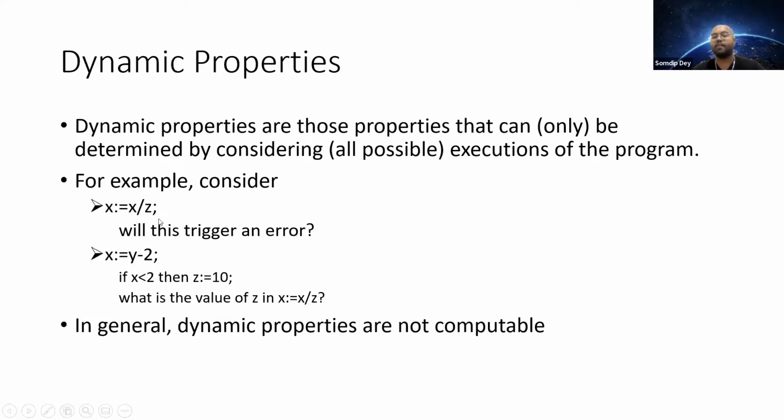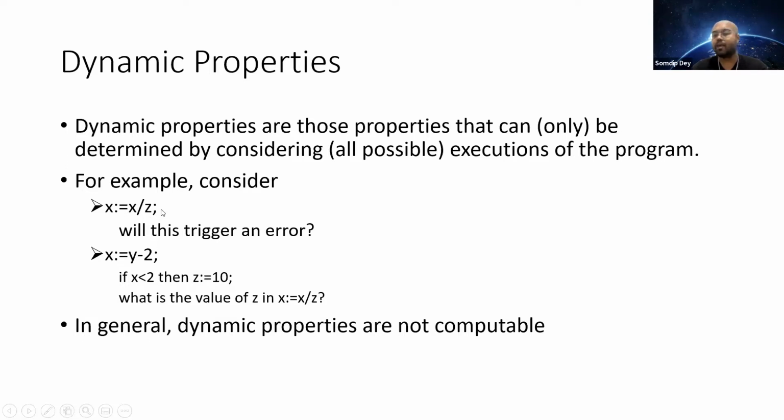Let's say it doesn't matter whether you are doing static or dynamic type checking, right? Let's consider if you have this code x equals x divided by z, right? Let's say z is 1 and x is 2.